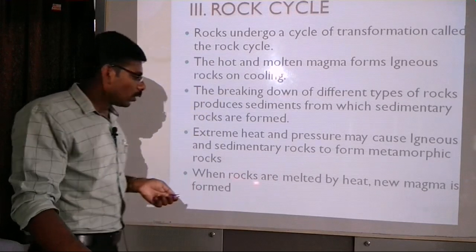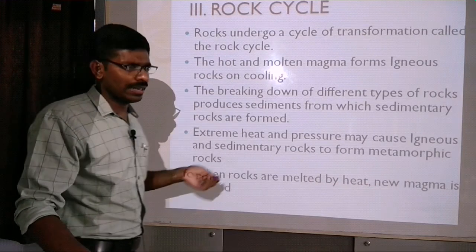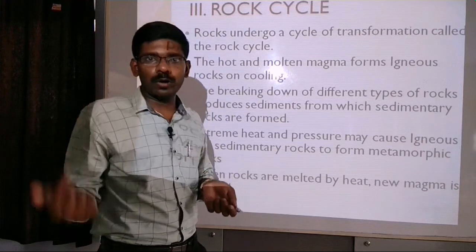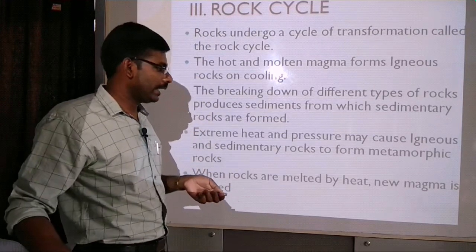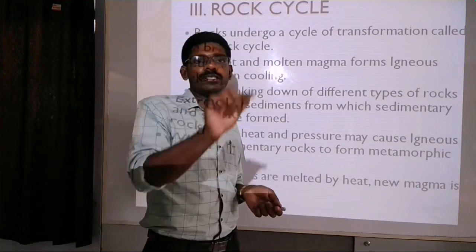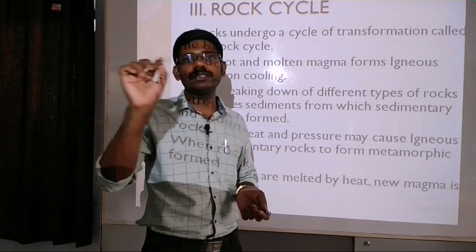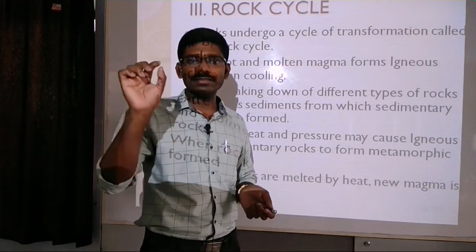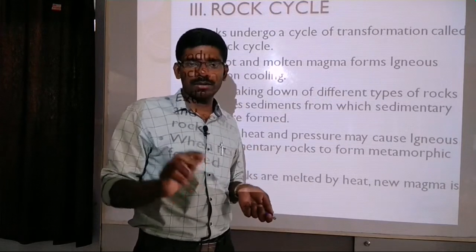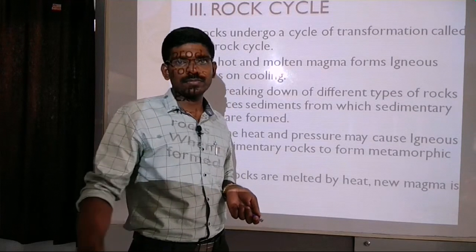Then, if you give more heat to the metamorphic, sedimentary or igneous rocks, they melt and join with the magma again, and it continues. So it is a continuous process. This continuous or cyclic process is called the rock cycle.